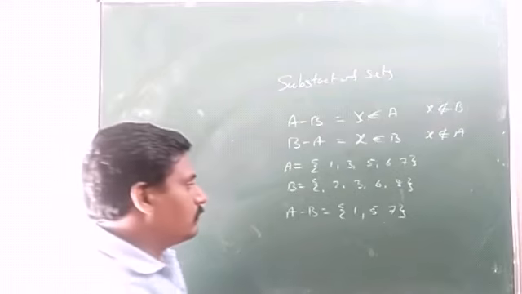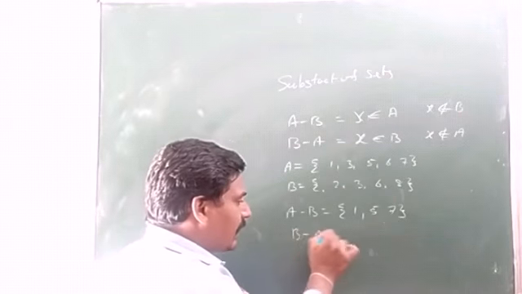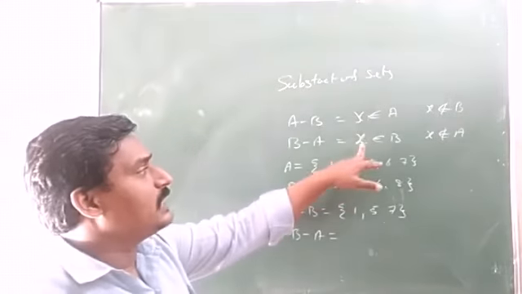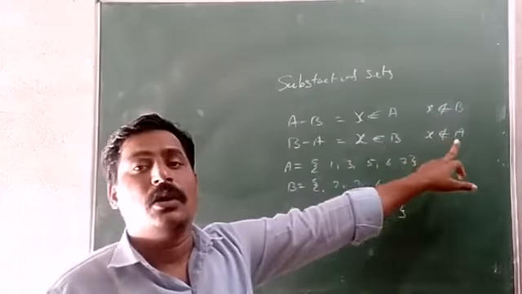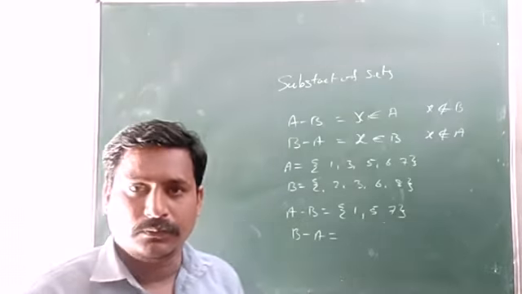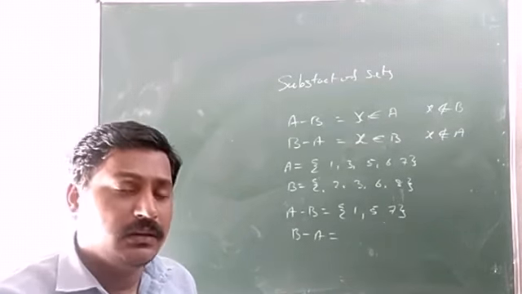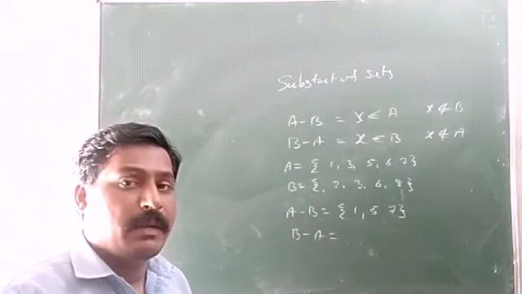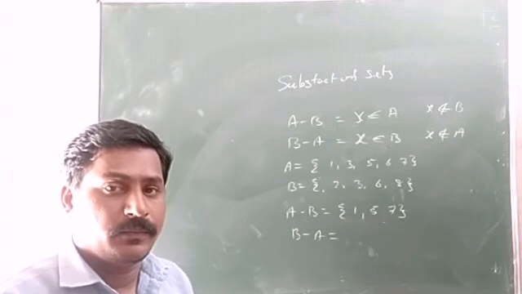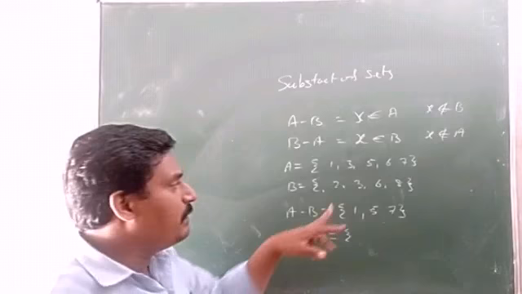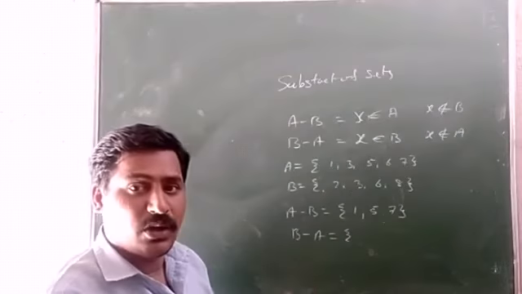Now B minus A is equal to. For B minus A, what do they say? X belongs to B but does not belong to A. That means those which are there in B but which are not there in A. So here B minus A. In B, 2 is there, in A it is not there.